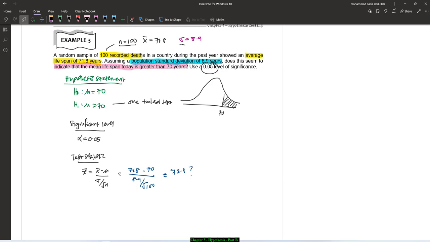Press the calculator carefully. How much? Does everyone get the same thing? 72.8? It's 2.022, right? It should be like this. You need to calculate carefully.